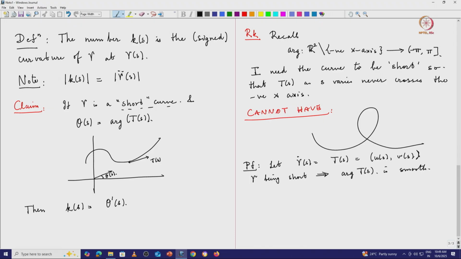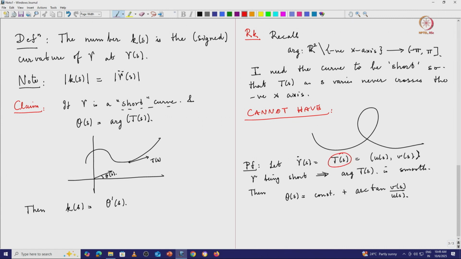So I can take all the derivatives that I want, and in fact then up to a constant theta of s is precisely some constant plus the arc tan of v of s by u of s. Theta of s is the argument of T of s.